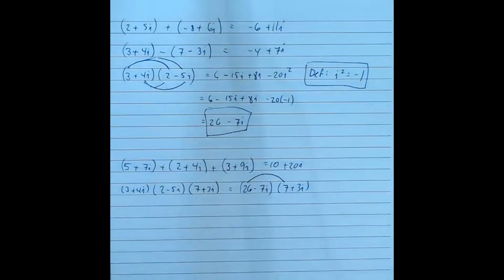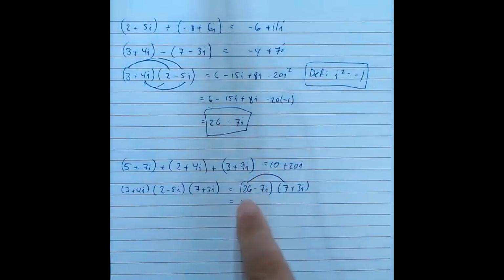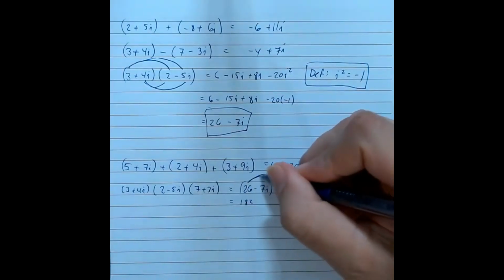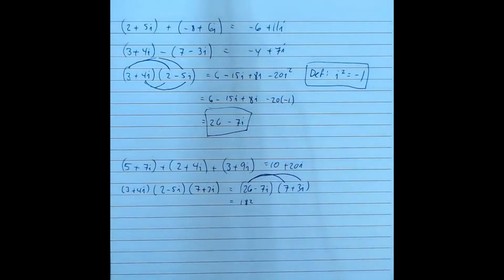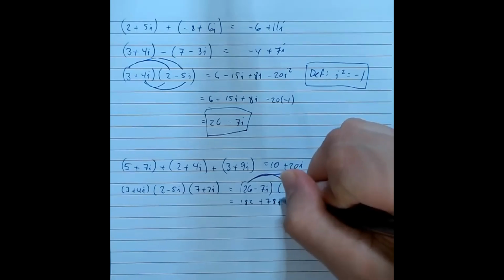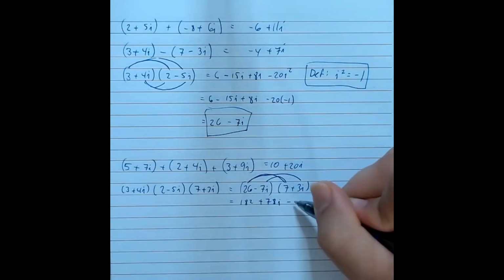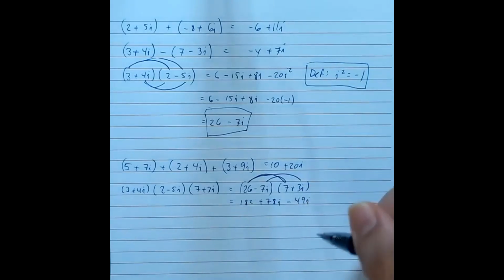26 times 7, that'll give me 182. So that's going to give me 182. 26 times 3i, that'll give me 78i. And then negative 7i times 7 will give me negative 49i.